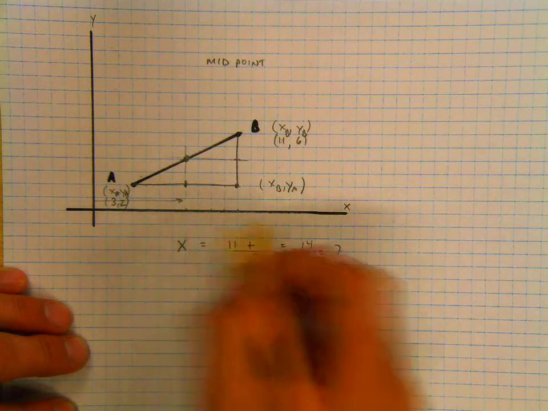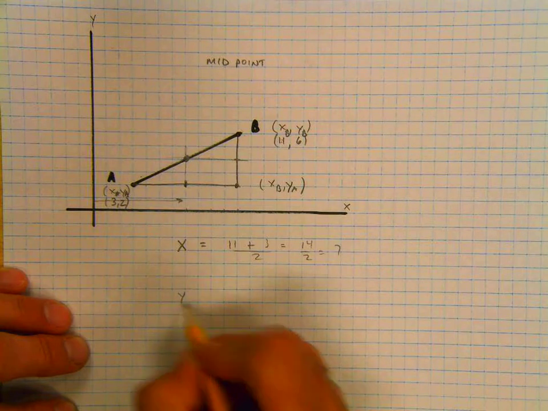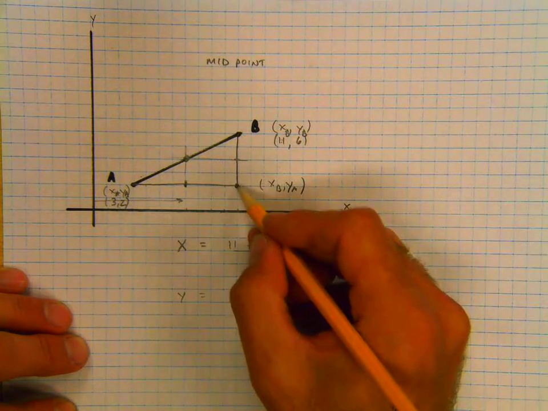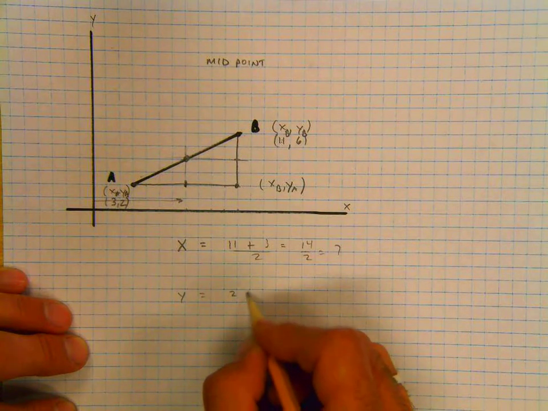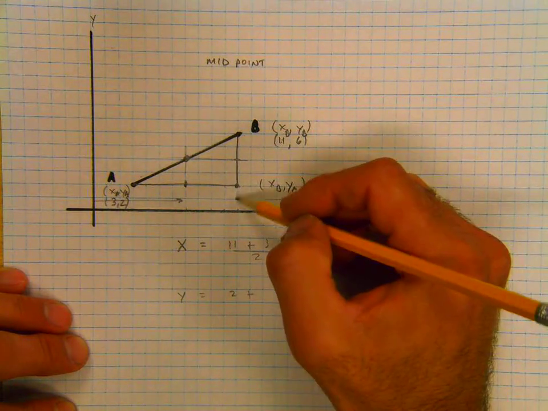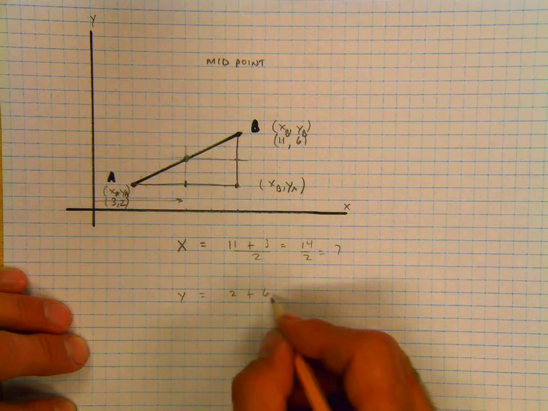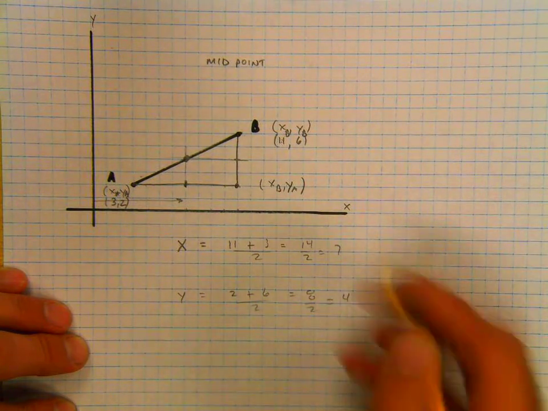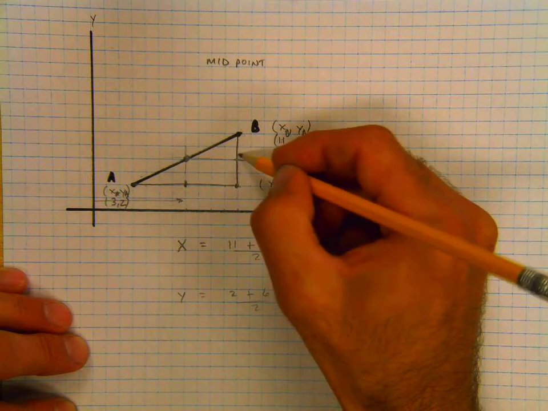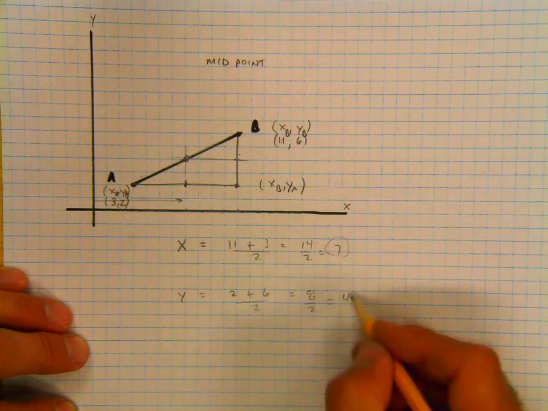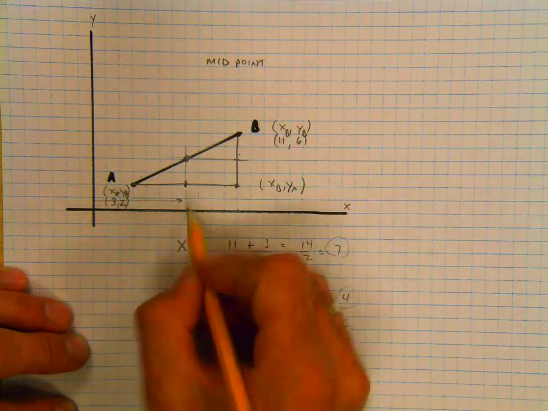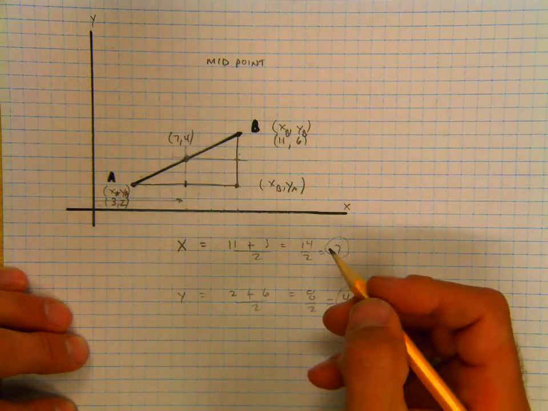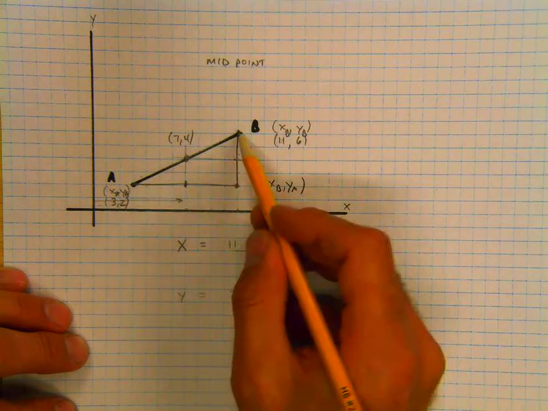Okay, and then to get the y value, we're going to go up this amount, which is 2, and then add this amount, which is up 6, so that's 8, and if you divide by 2 you get 4, which is 1, 2, 3, 4. So if you take this number and this number, over 7 up 4, you get the midpoint of the line segment AB.